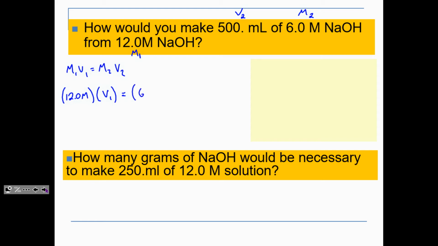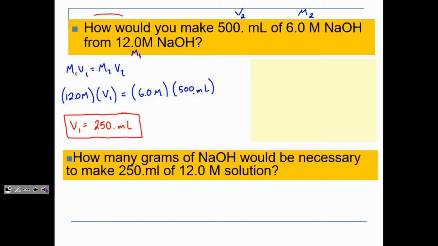The molarity that I want is 6.0 M, and the volume would be 500 milliliters. When I solve for V1, I get 250 milliliters. Now, the question says, how would I make that much? So I'm going to draw a little picture. I have a 12 molar stock solution.